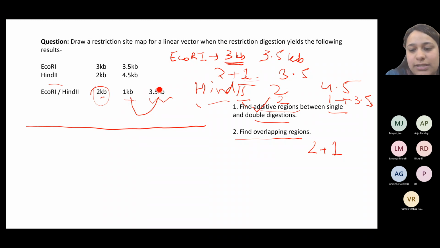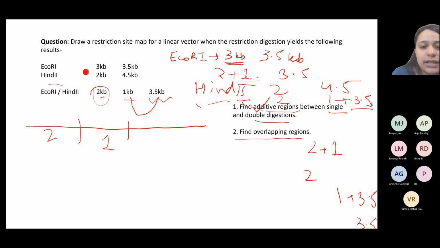Then this 2 is coming separately. Then this 1 plus 3.5 is coming for this particular thing, and this 3.5 is coming separately, right? So it will probably be something like this, that a 2 kb fragment is present, then 1 kb fragment is present, then 3.5 kb fragment is present.